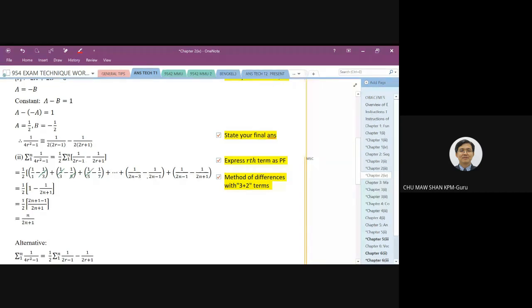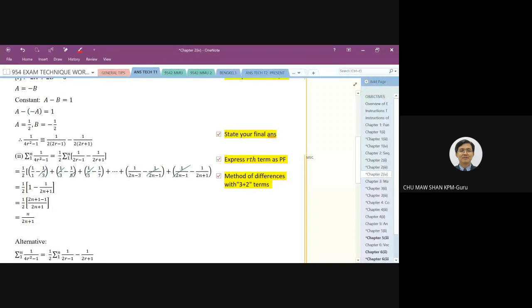This one will cancel this one, isn't it? The last cancelling also must be a full one. So by expressing 3 plus 2 terms, we are able to show full cancelling in the front 2 cases. One more cancelling and the last, a full cancelling.